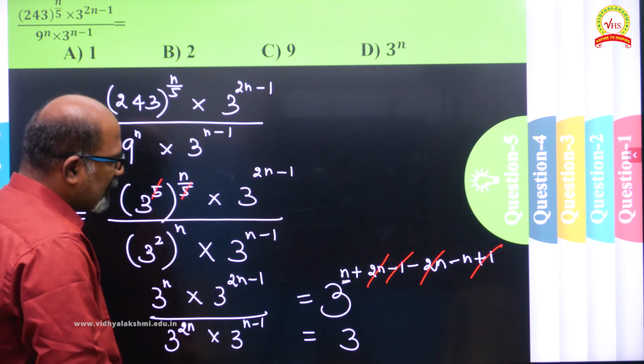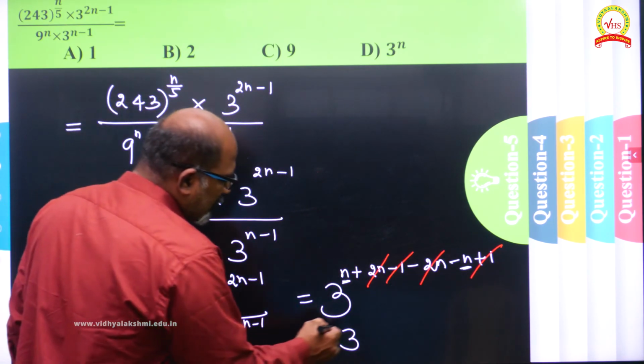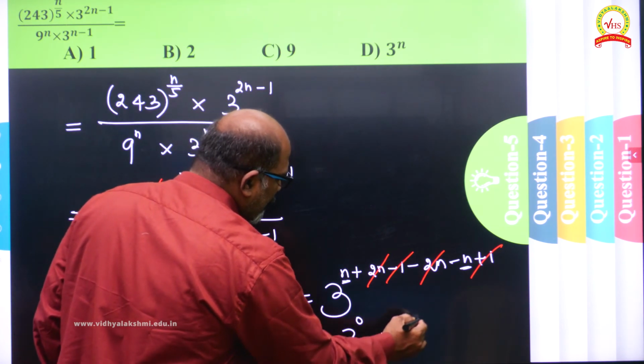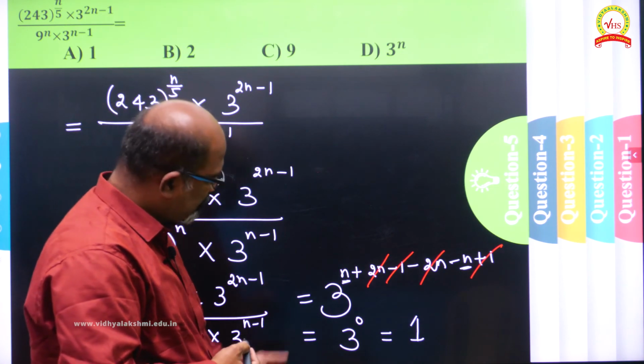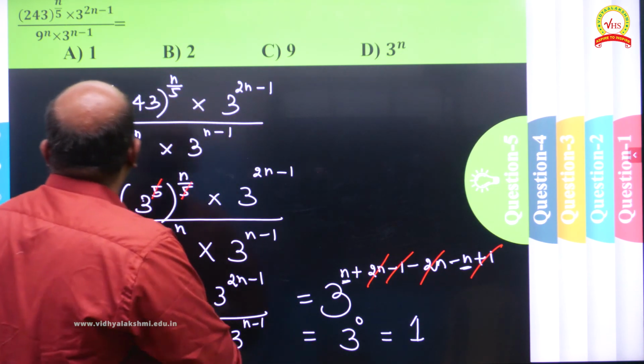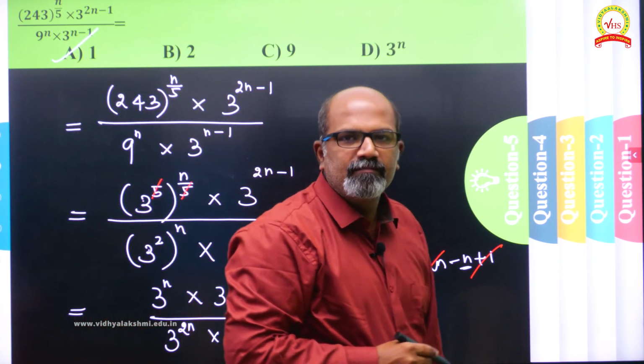So, n minus n, it is 0. Anything power 0, you will be having what? 1. The rule for zero exponent says 1, and it is option A, getting matched with option A.